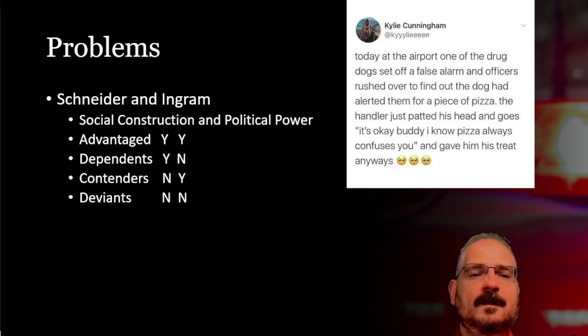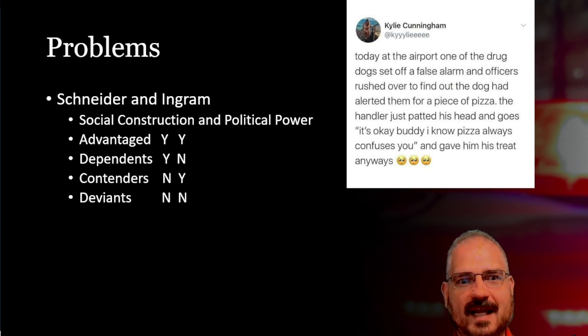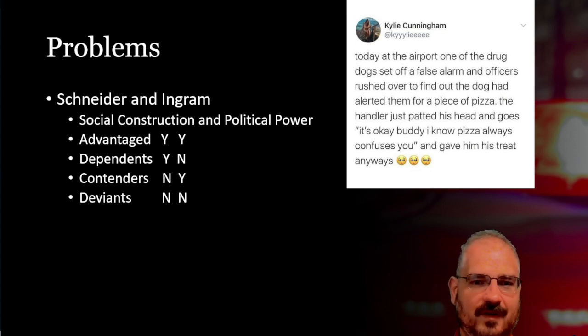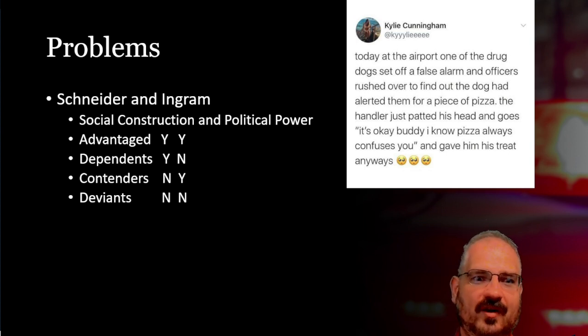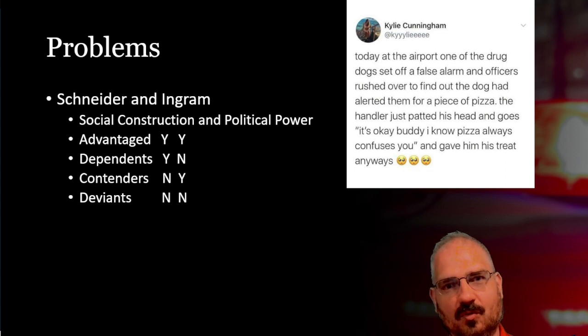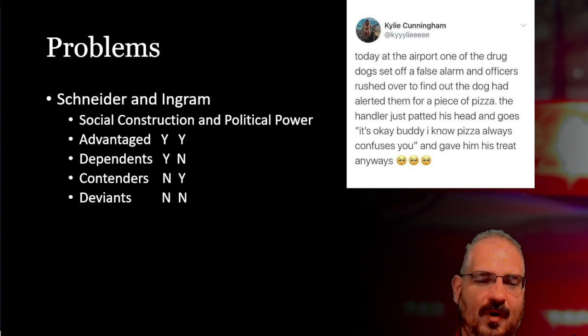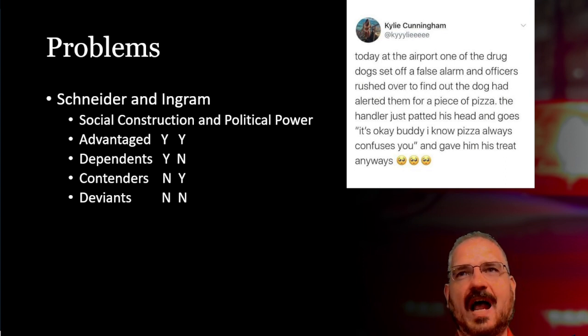Now, whose problems get the most attention? So Schneider and Ingram came up with this really interesting way to look at this. And they see it as an interaction of two variables, right? There's the social construction of power, and there's actual political power. So the social part is about how society views that group that's having the problem.